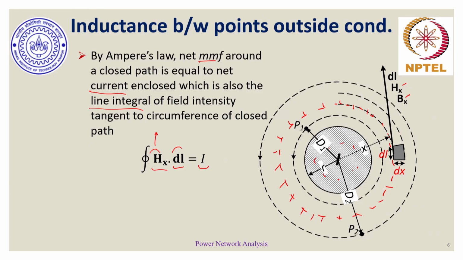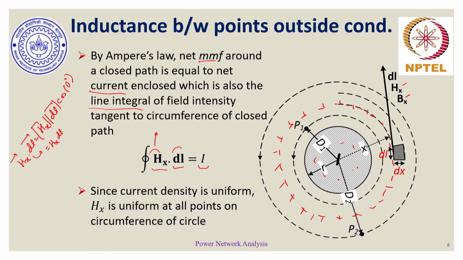Also, h of x and dl are parallel vectors. So if you recollect our previous discussion, the dot product of two vectors is equal to the product of the corresponding magnitudes with the cosine of the angle between these vectors. For parallel vectors, the angle is 0 degrees. So this dot product, which results in a scalar quantity, would be nothing but h of x into dl.